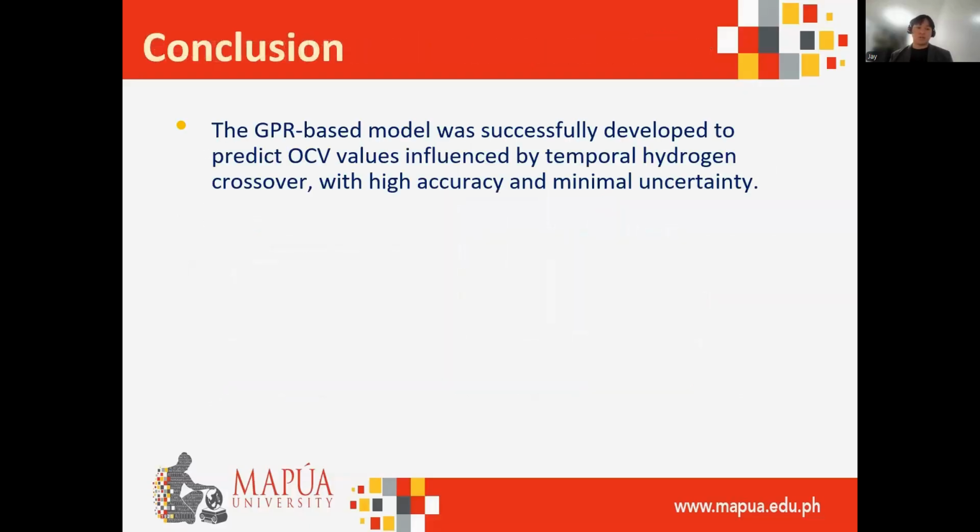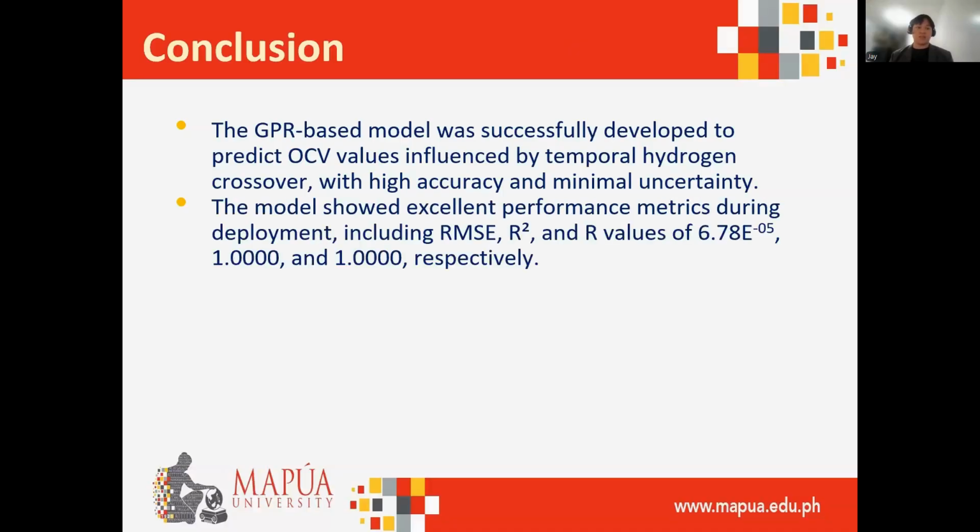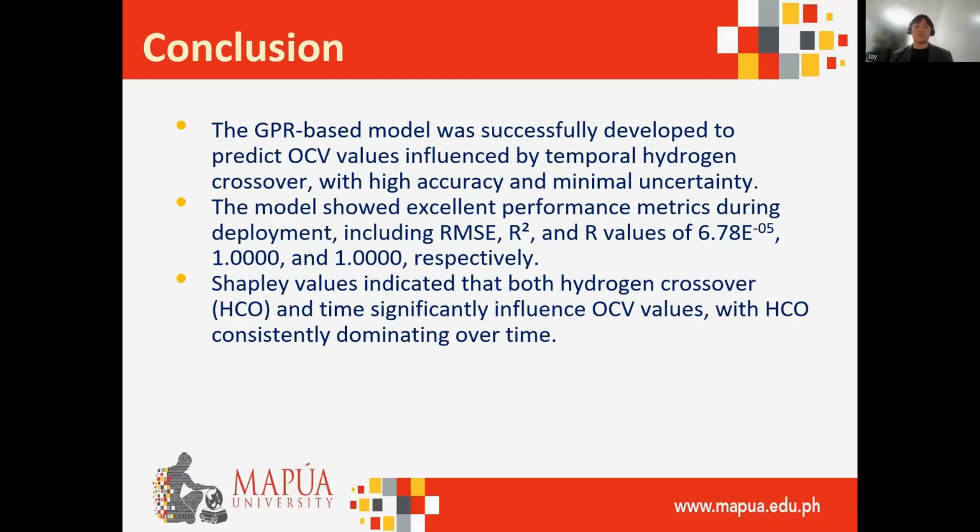So in conclusion, the GPR-based model was successfully developed to predict OCV values influenced by temporal hydrogen crossover with high accuracy and minimal uncertainty. The model showed excellent performance metrics during the deployment, including RMSE, R squared, and R values of 6.78 raised to negative 5, 1, and 1 respectively.